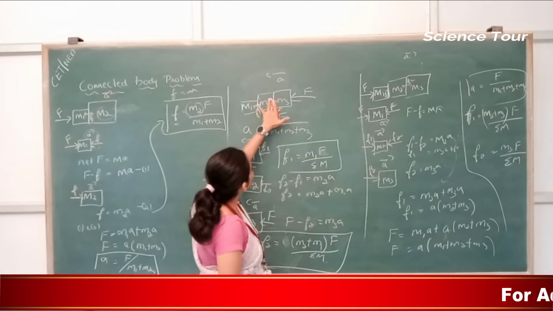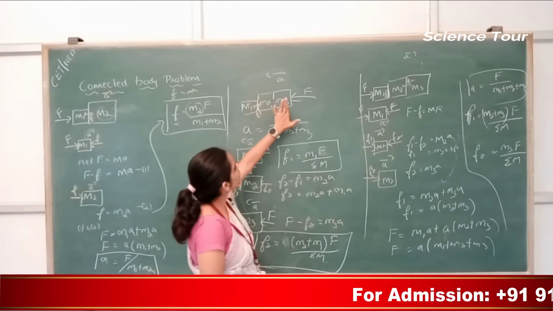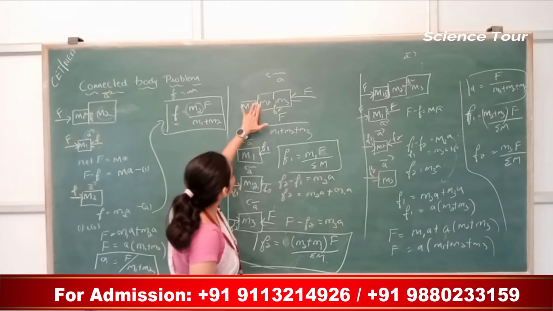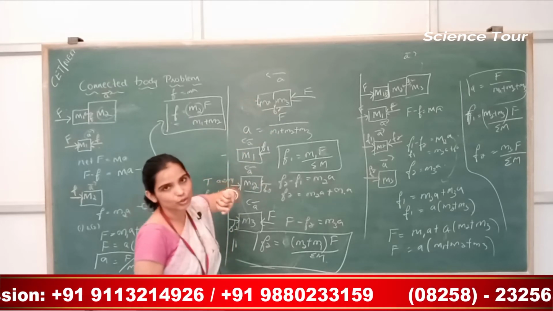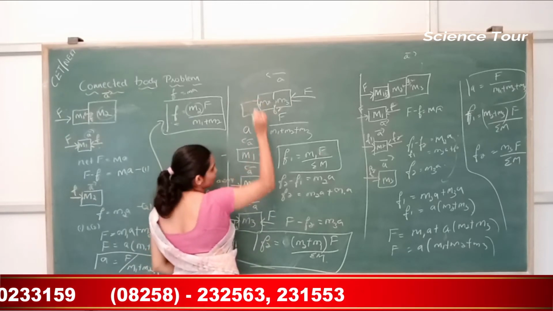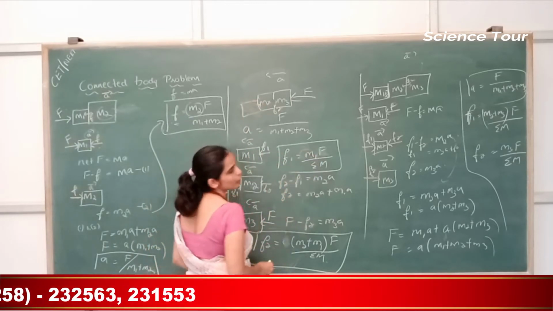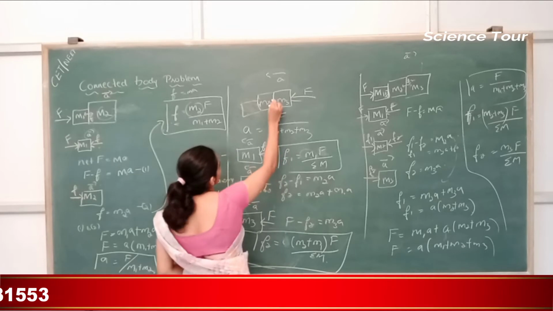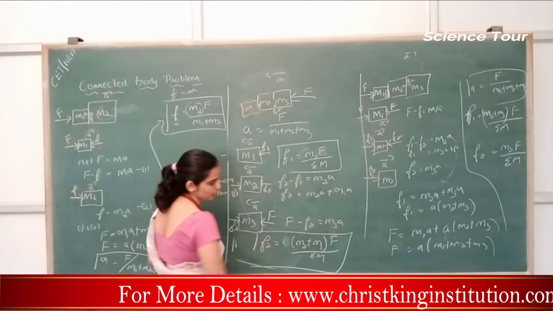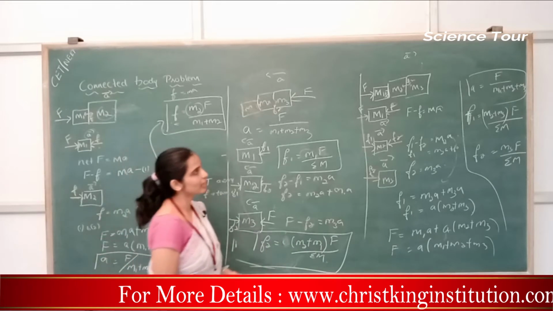See, if there is no F2, then m1 plus m2 cannot attach to m3. If there is no F1, m1 cannot attach to the system. So that's why for F1 you should multiply it by m1. For F2 you should multiply it by m1 plus m2. I hope you are getting this.